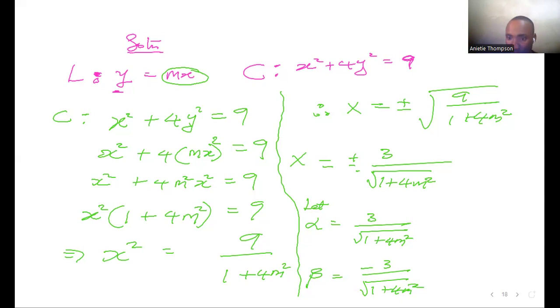If I try to sketch this problem, remember I said earlier that this is going to be a kind of oval, an ellipse, like this.